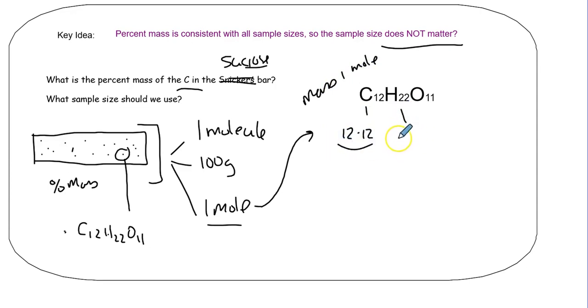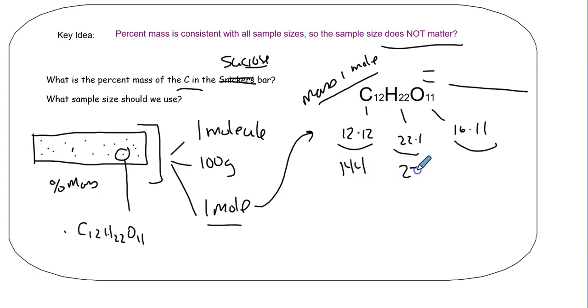So it's going to be 12 times 12. This is going to be 22 times 1. And this is 16 times 11. And this is going to give you, if you have 1 mole, how much are you going to weigh? And of the weights, what is the contributing factor of these per each substance? And that's pretty important. So 12 times 12 is going to be 144.